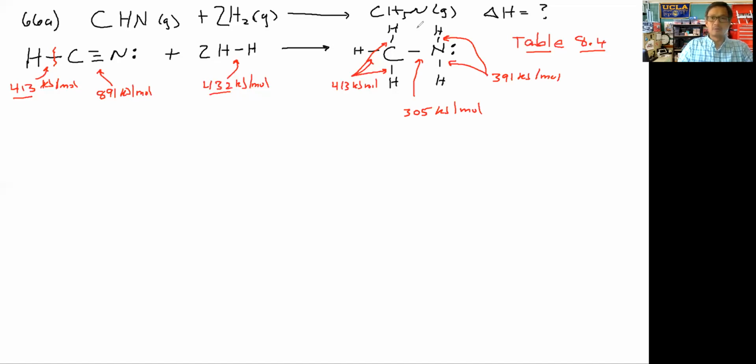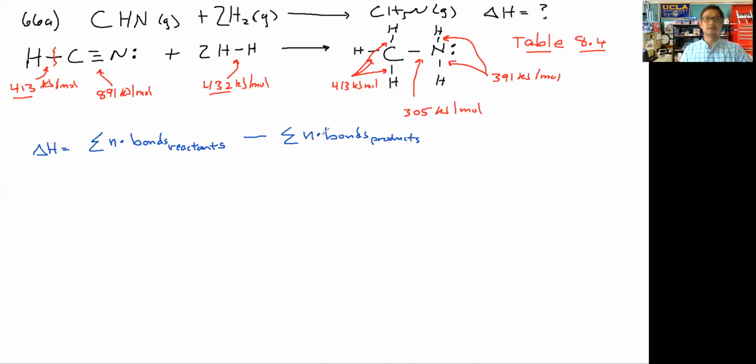Now we want to find delta H for this reaction, the enthalpy of this reaction. So delta H is going to be equal to, and let me just write this down for you, the sum of all the bond energies for the reactants times the number of bonds, because that's basically the number of moles of the bonds, minus the sum of all the bond energies for the products times the number of bonds present.